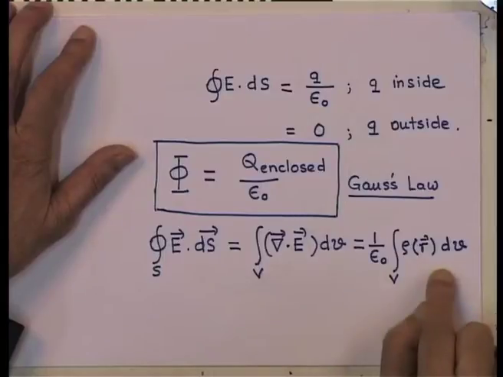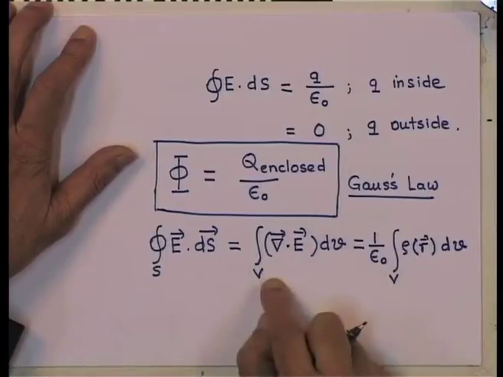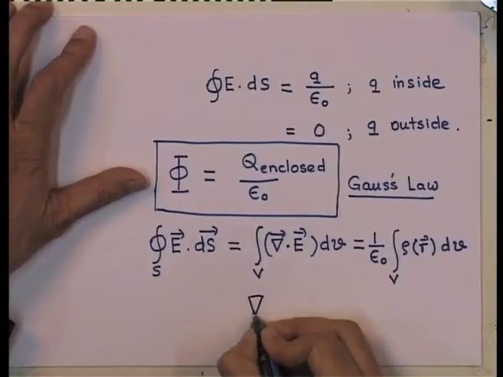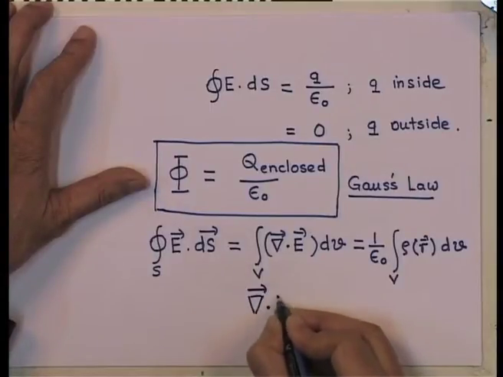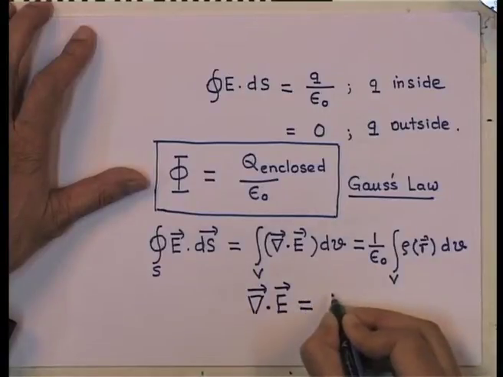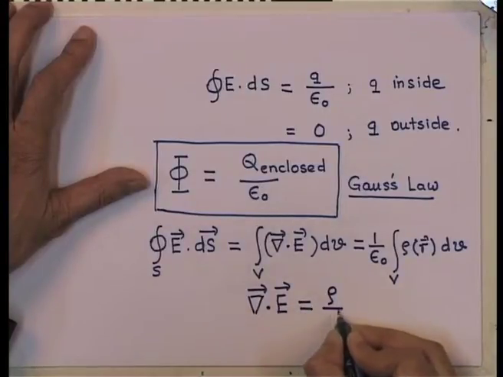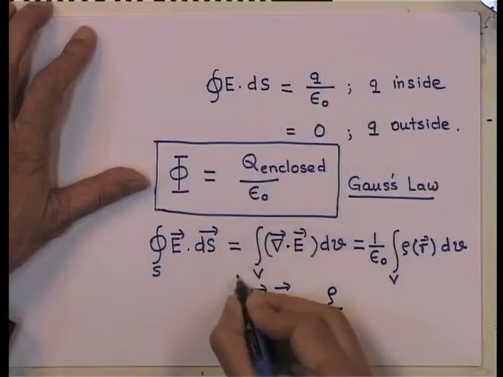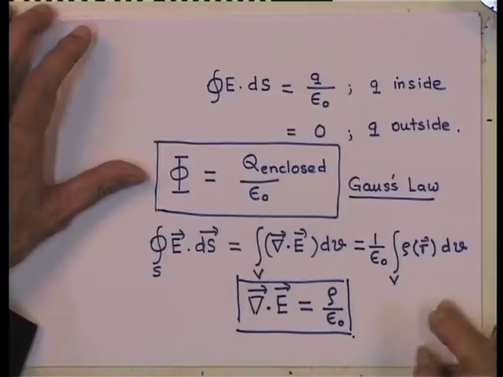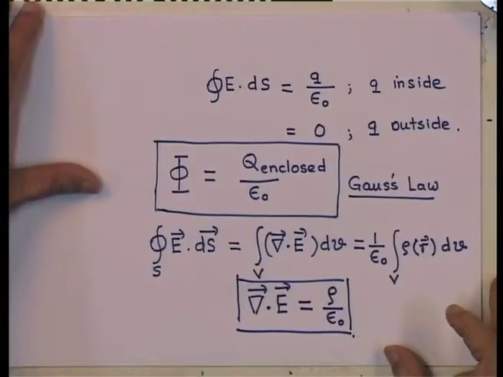Now, since this is true for an arbitrary volume, I get a corresponding differential statement of Gauss's law, which says del dot of E is equal to rho by epsilon 0. So, this is the differential form of Gauss's law.